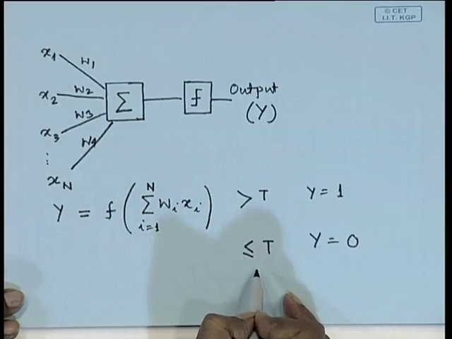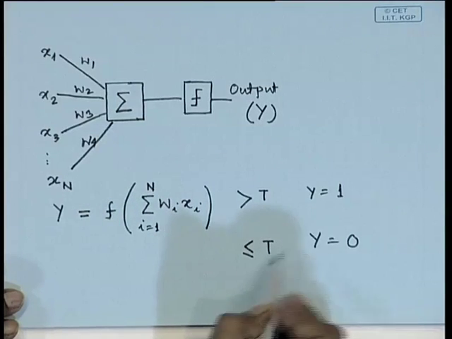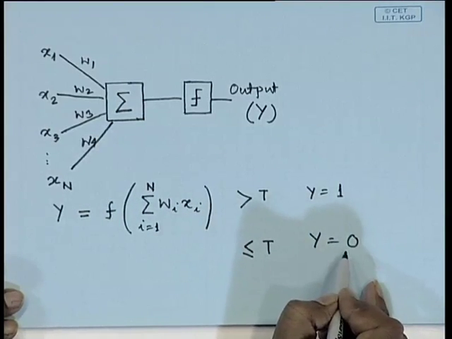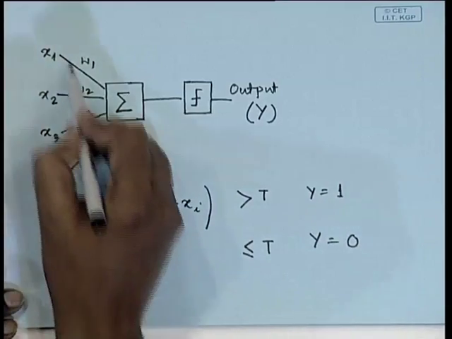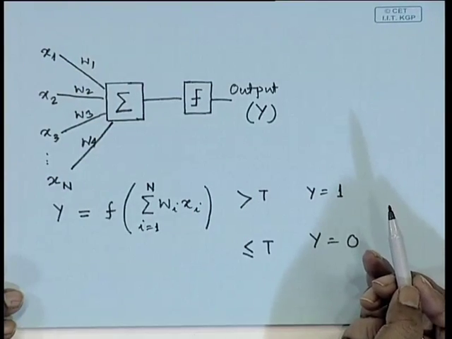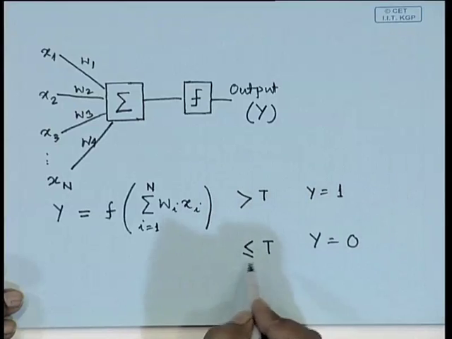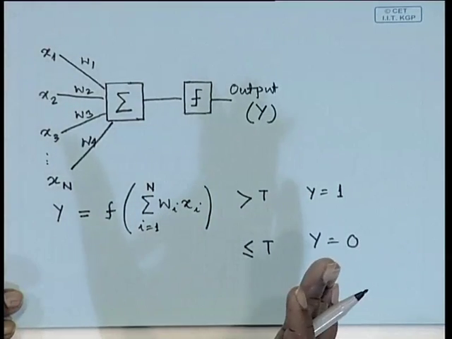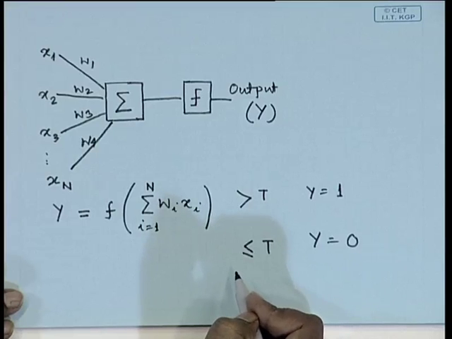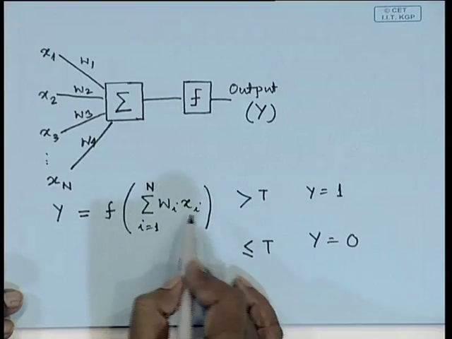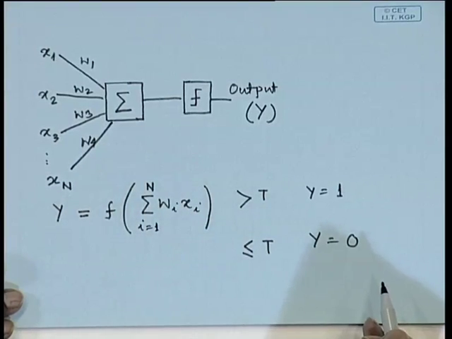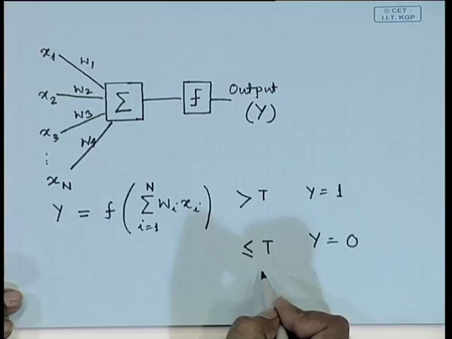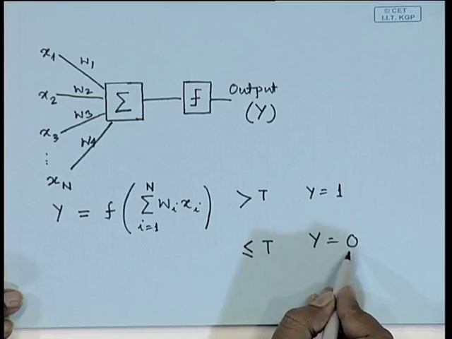If this is less than or equal to threshold, I set y equal to 0, indicating that this x belongs to the other class. Earlier we said that if it is equal to 0, then x actually belongs to the boundary. I can also put that condition over here. If this weighted sum becomes equal to 0, I will not take any action, whereas if it is less than 0, then only I will set y equal to 0.